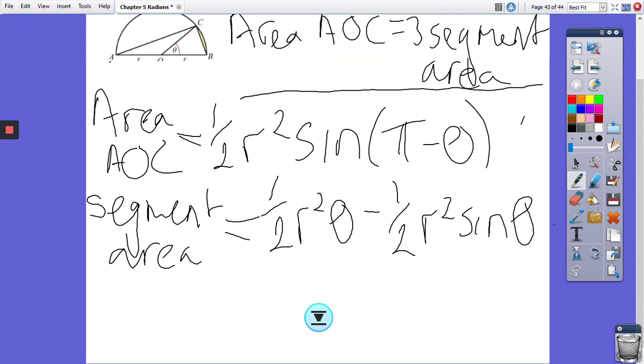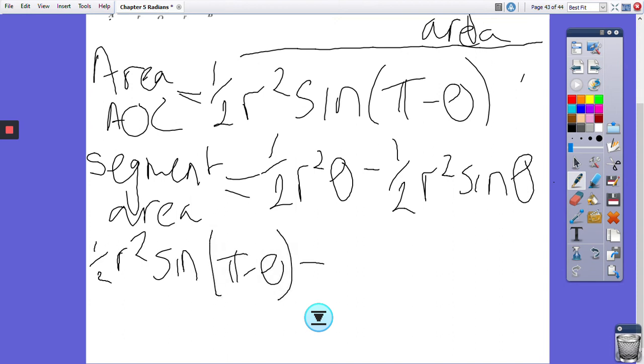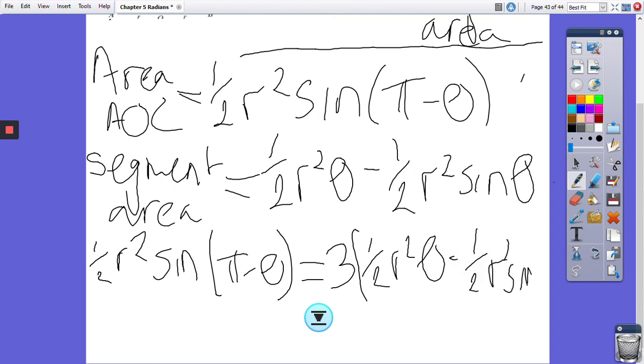So we are going to say that a half R squared sine (pi minus theta) is equal to 3 lots of half R squared theta minus a half R squared sine theta. It's terrible with this handwriting trying to fit everything in. Just about got it in. If you can just about read that, that's a square there.